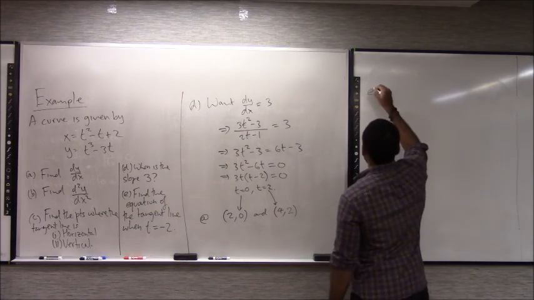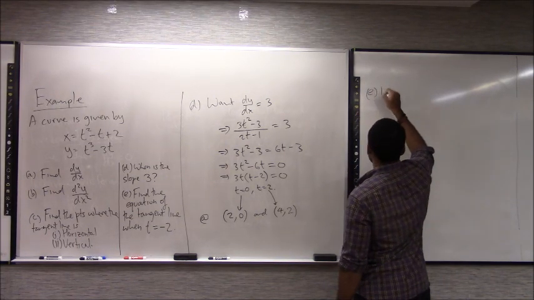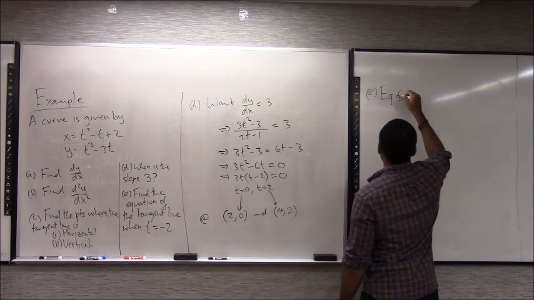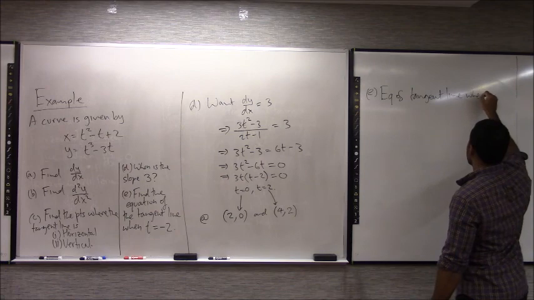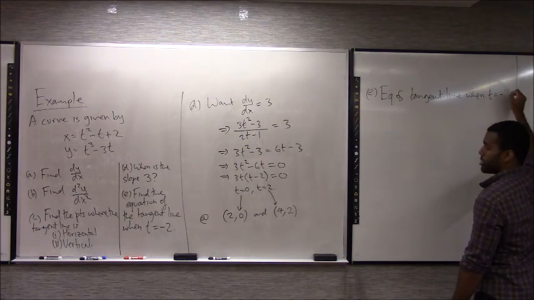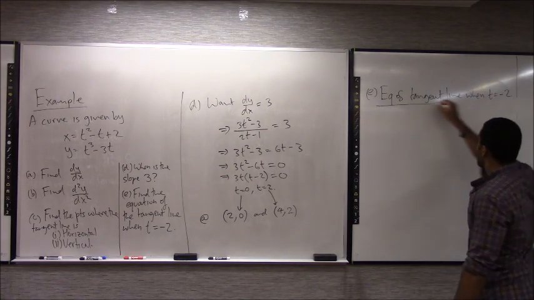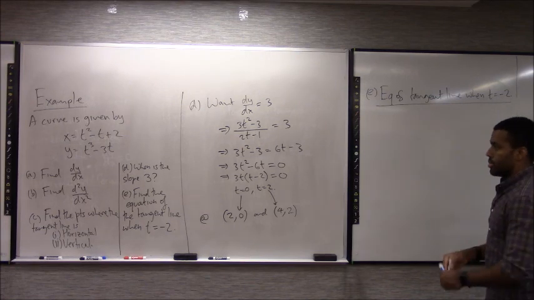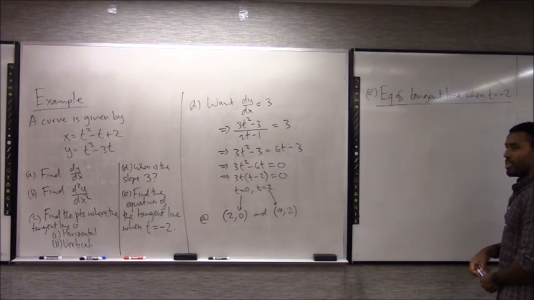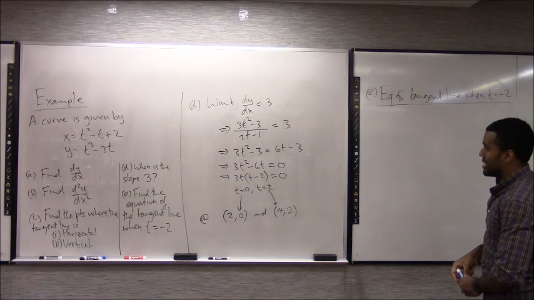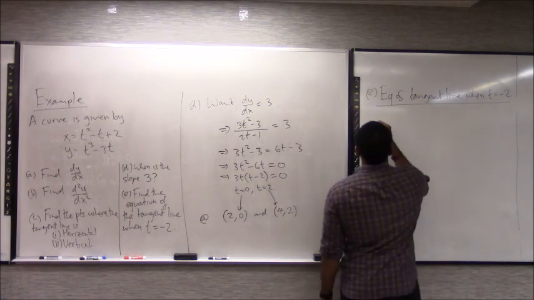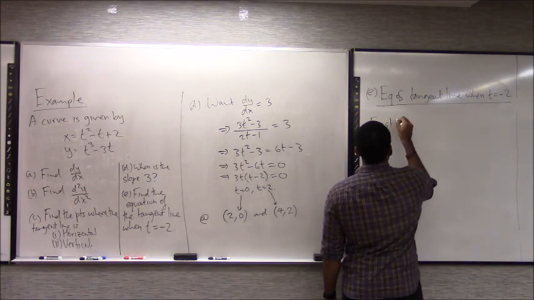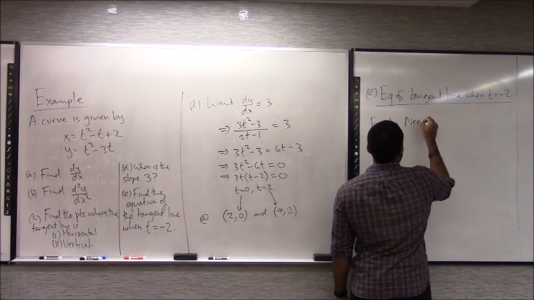Okay, so how would I find the equation of the tangent line when t equals -2? Bring it back to Calc 1. First, we need two things to find the equation of the tangent line.